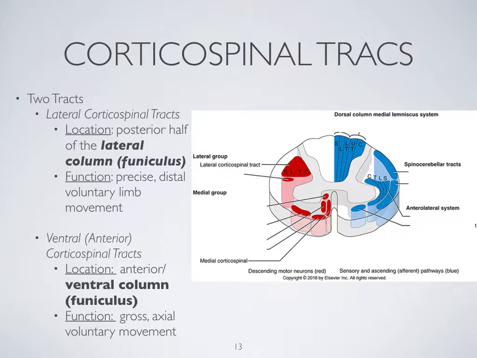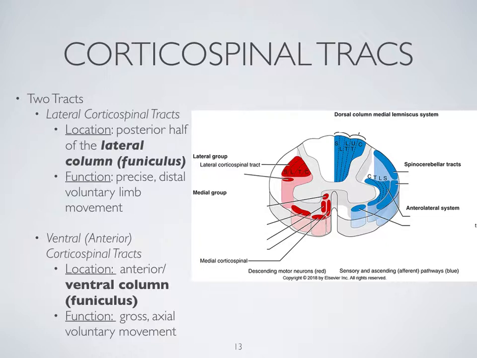So as we move more anterior, we have our medial cortical spinal tract, and this is going to be in the ventral or anterior column of the funiculus. What this function is, is more of our gross motor movements, and axial stabilization voluntary movement is going to be the medial.